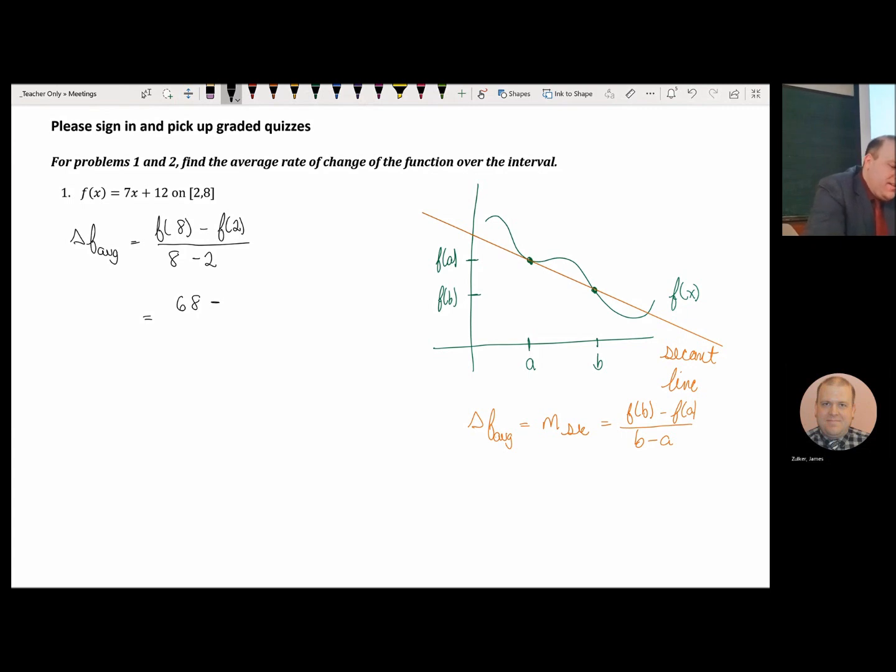I actually did something different in my notes to make it easier. Not actually going to evaluate it. F of 2, 7 times 2, 14, and then, of course, plus 12, divided by 8 minus 2 is 6. And then look at that, 12 minus 12, constants drop out. 56 minus 14, 42. Average rate of change is 7.